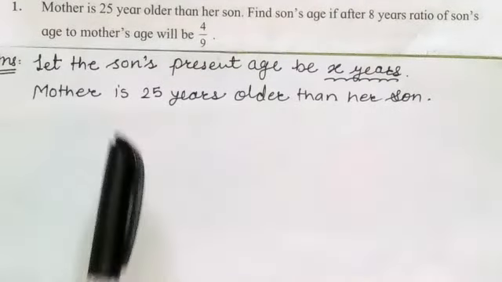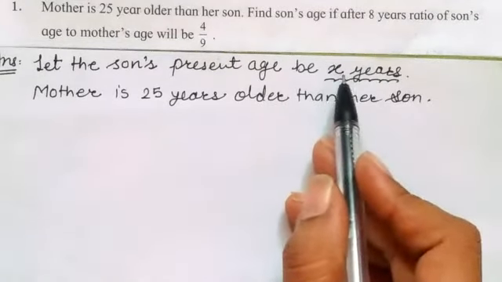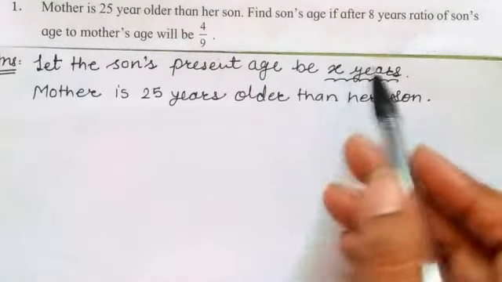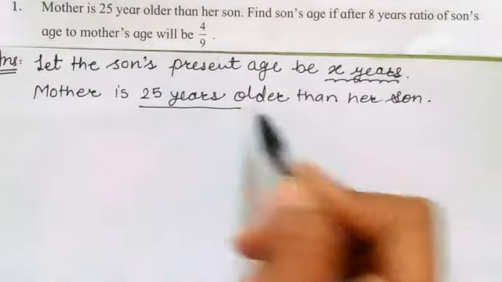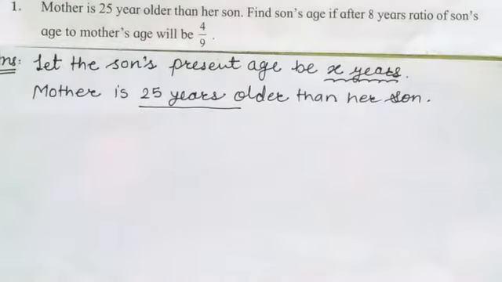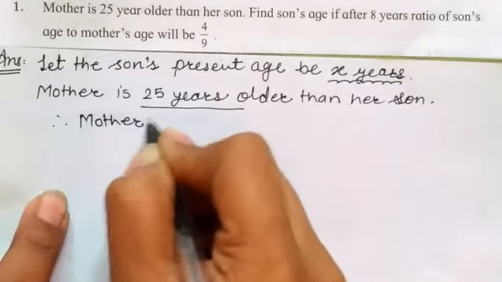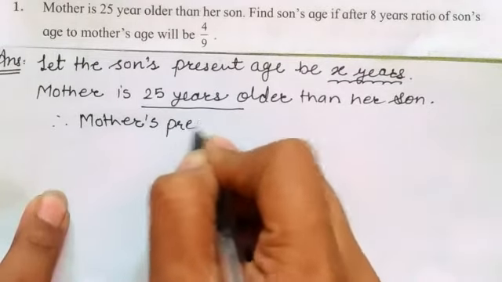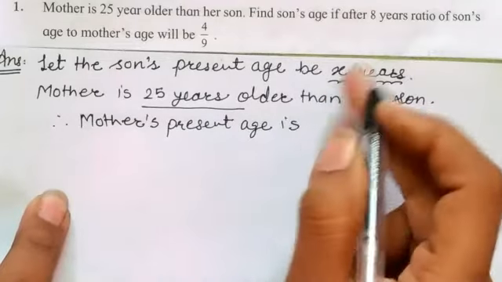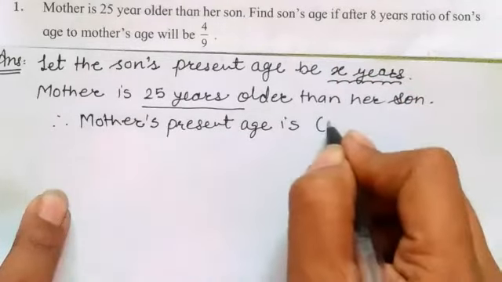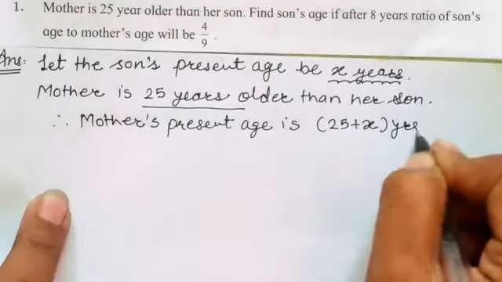Let the son's present age be x years. So this x years we are going to assume at first. And as we know that mother is 25 years older than the son, therefore mother's present age is 25 plus x years.